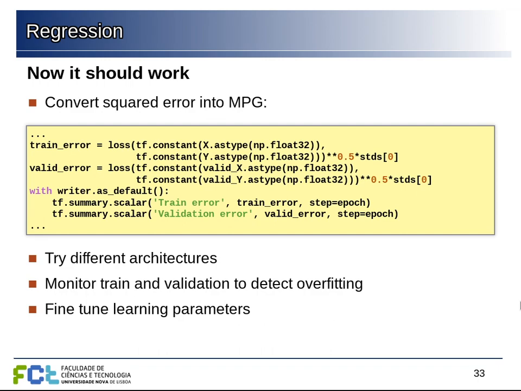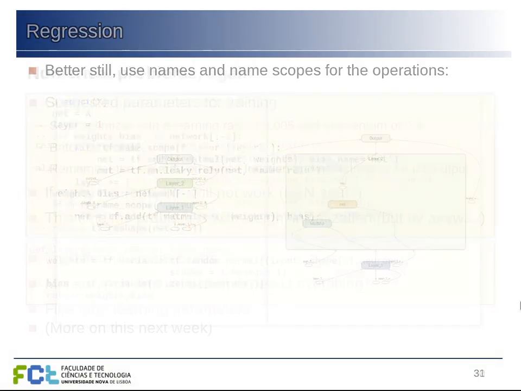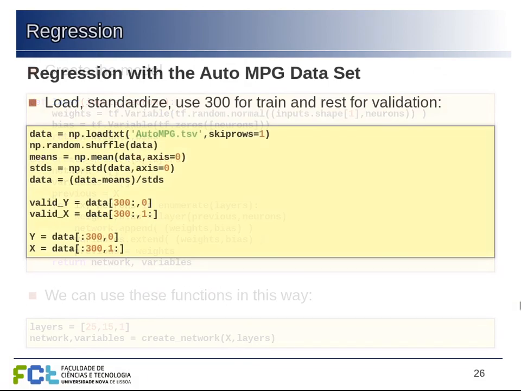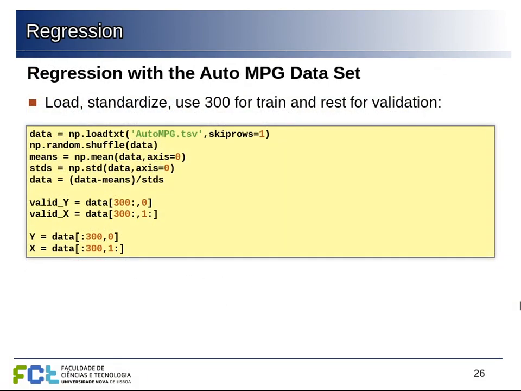And if you multiply by this parameter that we have here, so remember that when we did standardization, we stored the standard deviation of each column in our data, and the first column is the target value of the miles per gallon. So we divided this by the standard deviation to standardize.